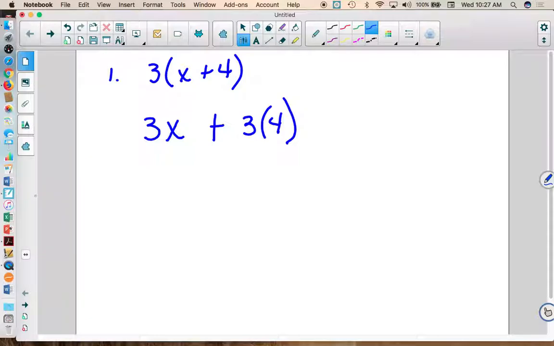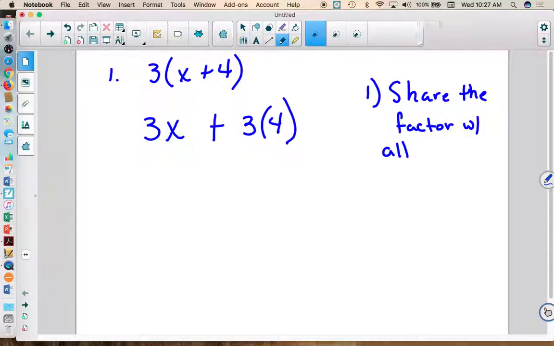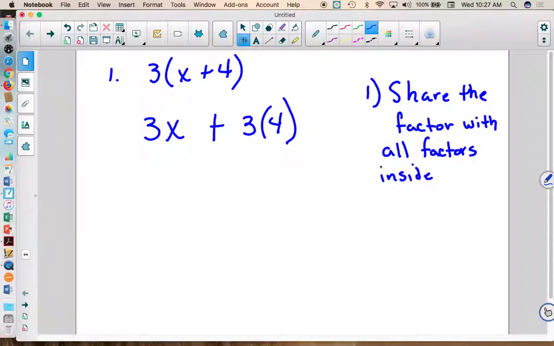Now, that's the first step. So I could say, number 1, share the factor with all factors inside parentheses.